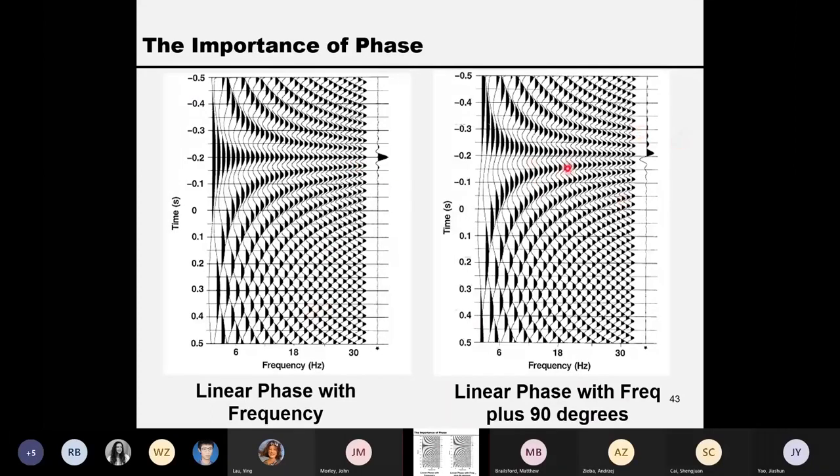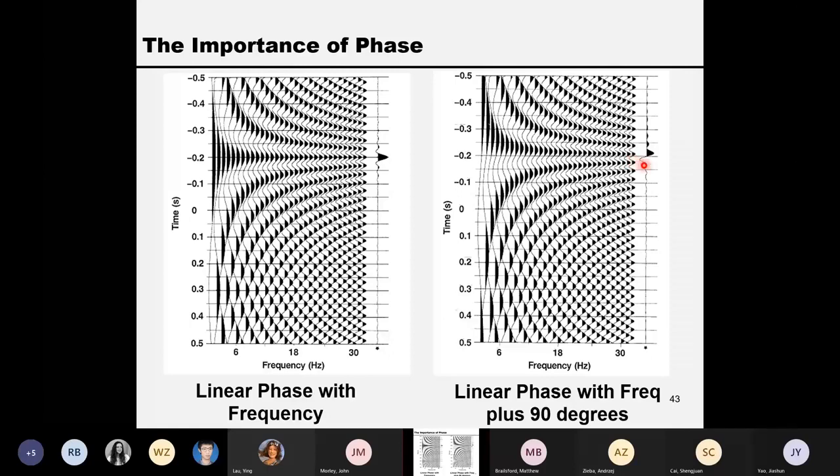However, if you have a phase change, in this case each of these has a 90-degree phase change, from here to here you can see this is no longer symmetrical. A 90-degree shift means the peak and trough are identical.